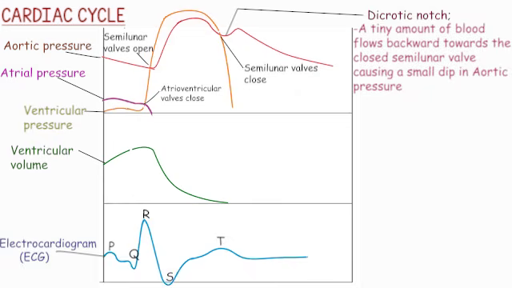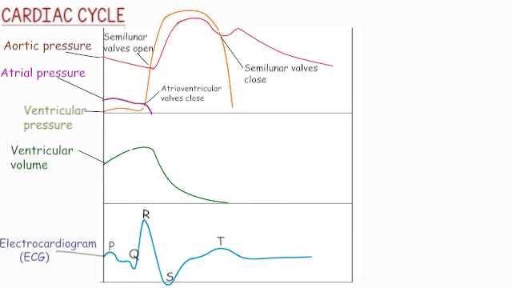Now, at the same time, the atria are passively filling with blood in preparation for the next cardiac cycle. This causes the atrial pressure to once again rise, and when the ventricular pressure falls below the atrial pressure, the atrioventricular valves open, and some of this blood moves from the atria to the ventricles. This is called ventricular filling.